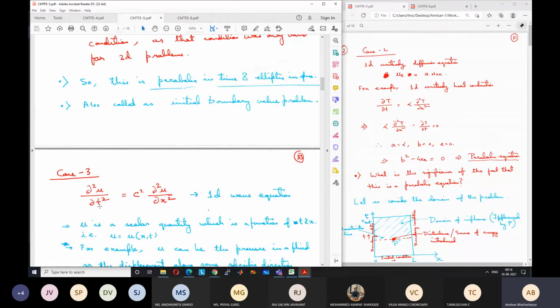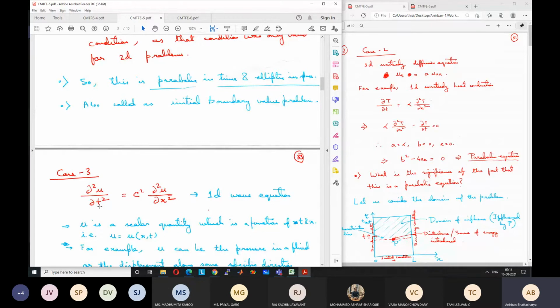Okay, so it is some sort of perturbation or displacement. So if it is a pressure wave which is propagating, it can be the pressure fluctuation, or if it is a string which is creating a wave, then it is the displacement of the string from the mean path in the y direction. So you know that a string can look like a wave.